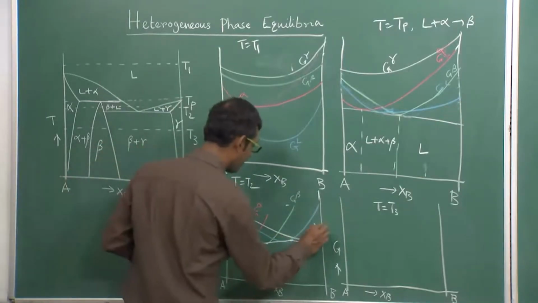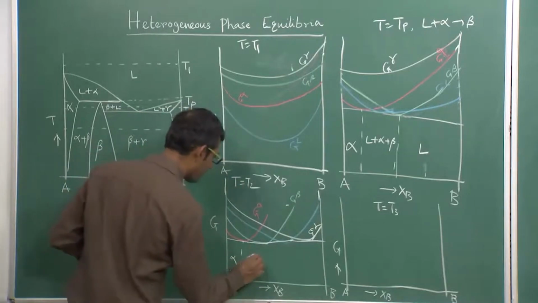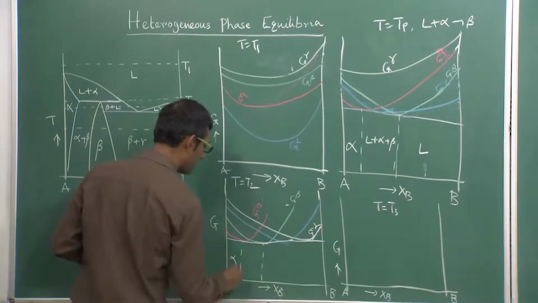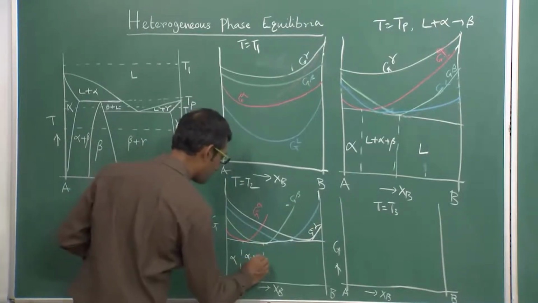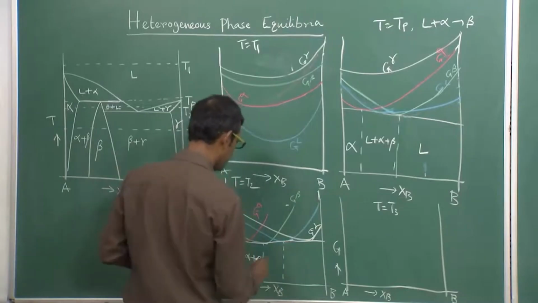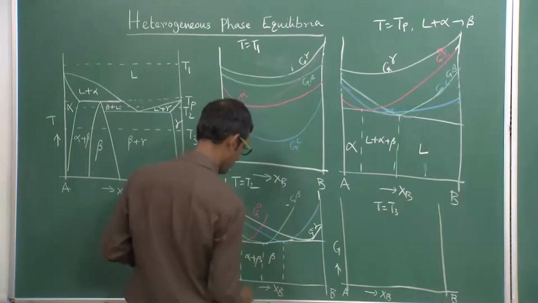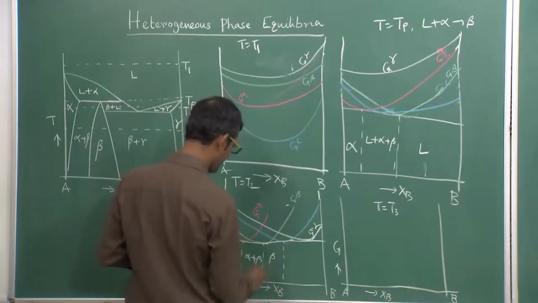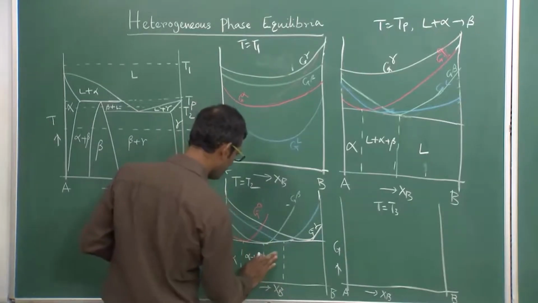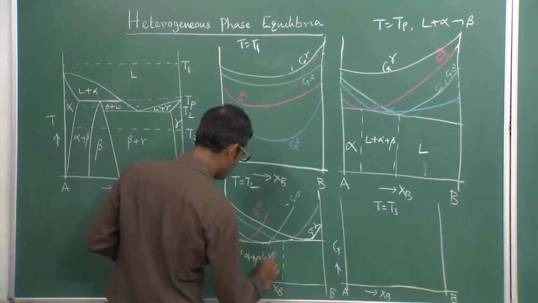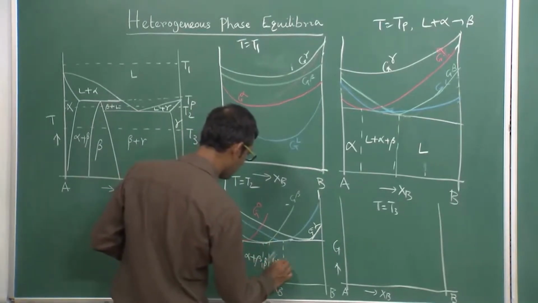This is gamma. So you have alpha, common tangent between alpha and beta will give alpha plus beta. Okay, this is beta. This is beta plus liquid.